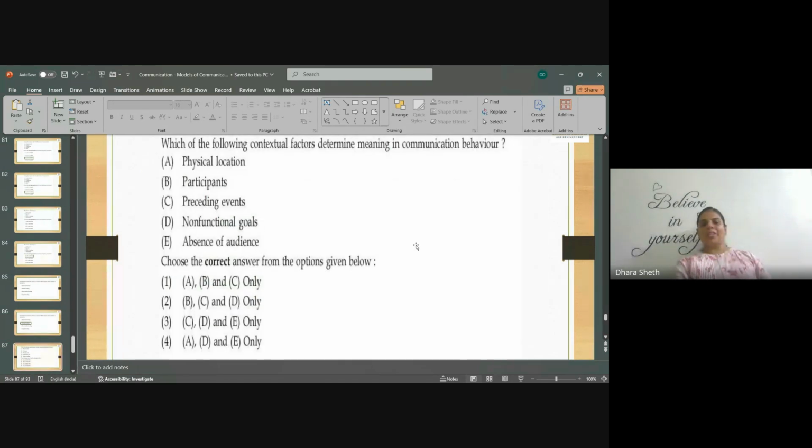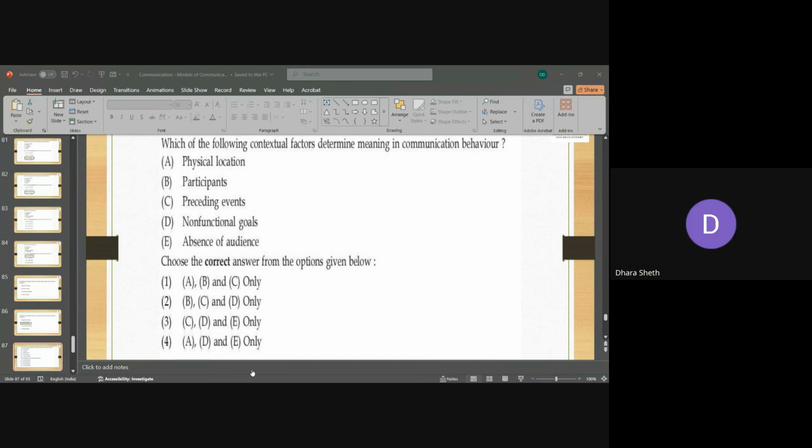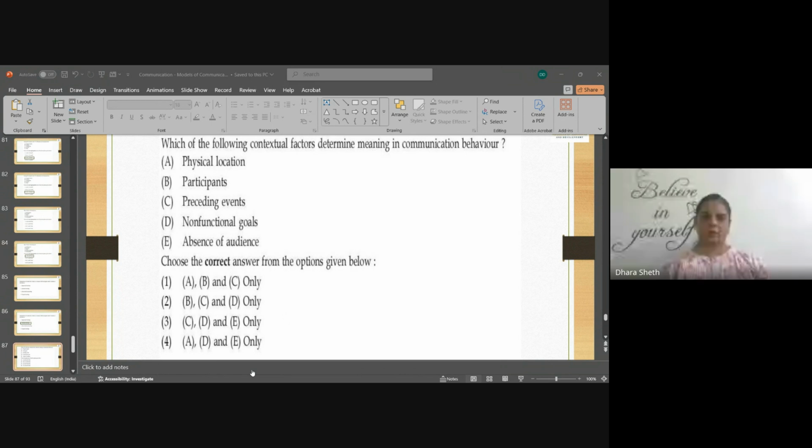Which of the following contextual factors determine meaning in communication behavior? So when you need to find out meaning in communication, which factors are important? Physical location, participants, preceding events, non-functional goals, absence of audience.